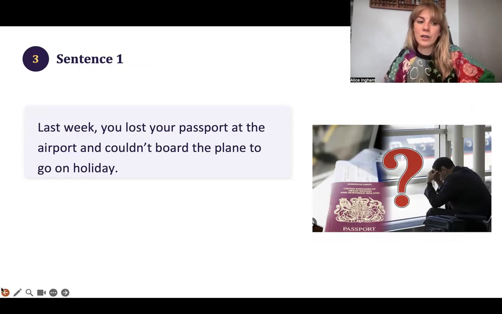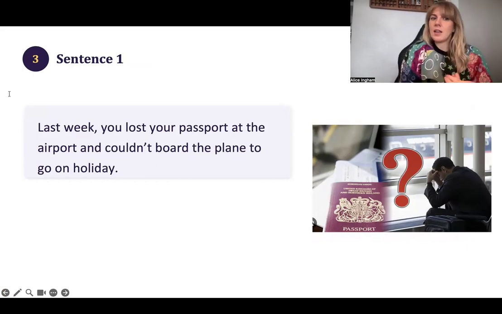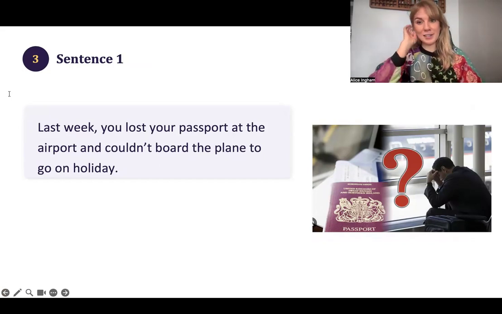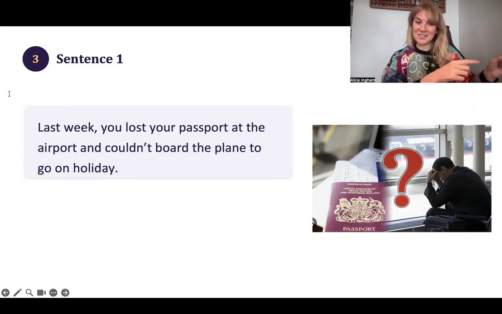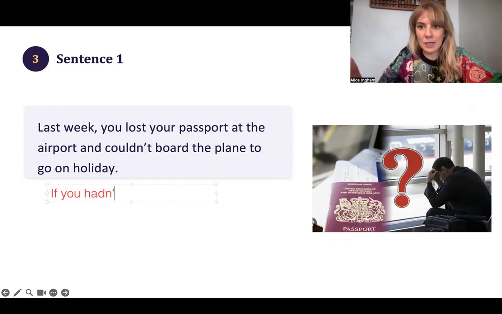Okay, so this is the situation. Let's read the situation. Last week, you lost your passport at the airport and couldn't board the plane to go on holiday. Terrible situation. So let's rewrite the past with the third conditional. So let's start with the if clause. If you hadn't, here we need to make it a negative.